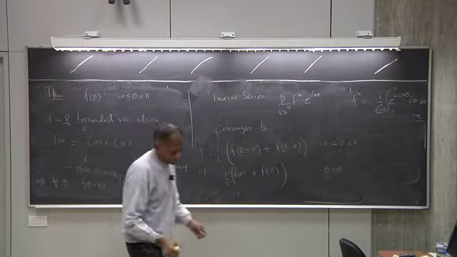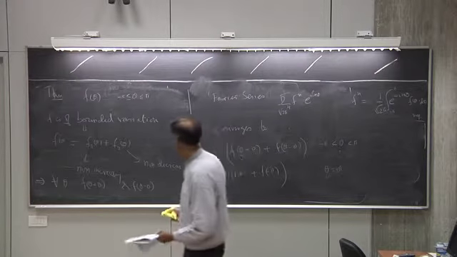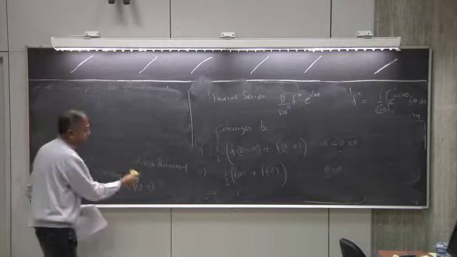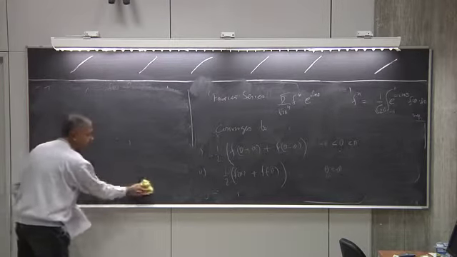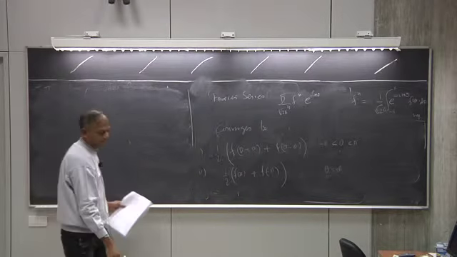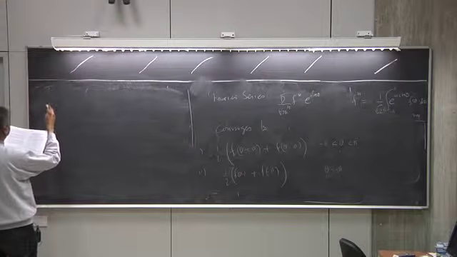Okay. So let me give you an example of computing this Fourier series, and in fact, to show these statements, that at the place where there is a discontinuity, the result is an average. So let's work this out.